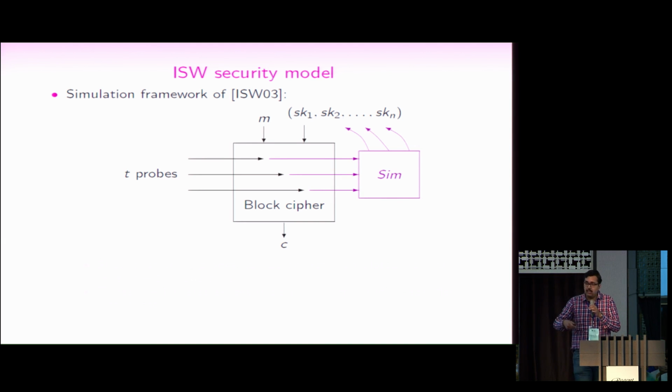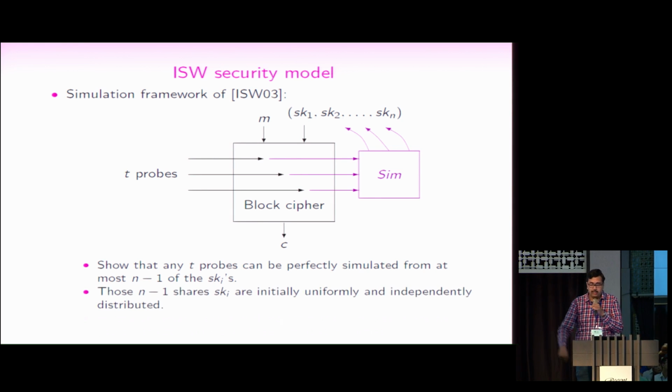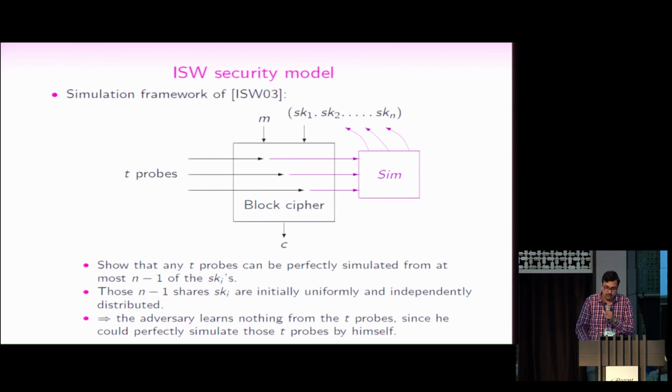In order to prove the whole operation is secure against, say, a t-th order attack, we just need to construct a simulator that has access only to a subset of the shares. If we can simulate the leakage on the probes using only a subset of the shares, this means that the adversary will not learn anything, because the adversary himself can simulate the subset of the shares just by picking uniform, random, and independent values.